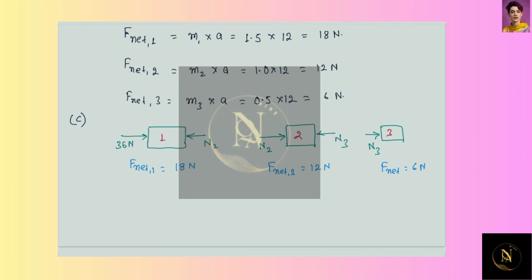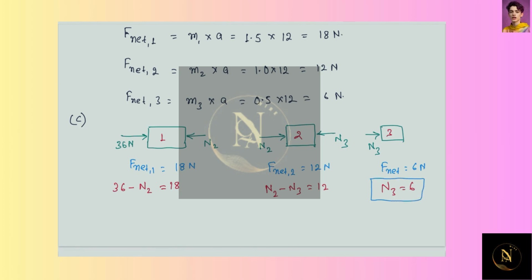Since the motion is in the forward direction, we consider the forward direction positive. For the first block, net force is 36 minus N2, which equals 18. For the second, N2 minus N3 equals 12, and for the third, N3 equals 6.